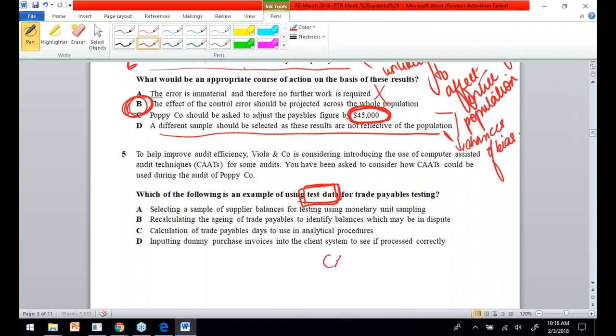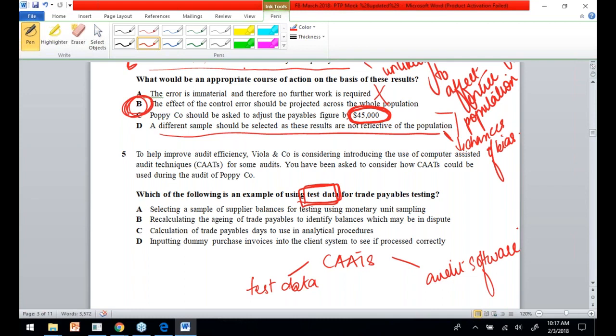Now you know that CATs can be used through two methods. Test data, which is testing through dummy transactions or fake information, or audit software, which is the auditor's software for facilitating and improving efficiency of audit.